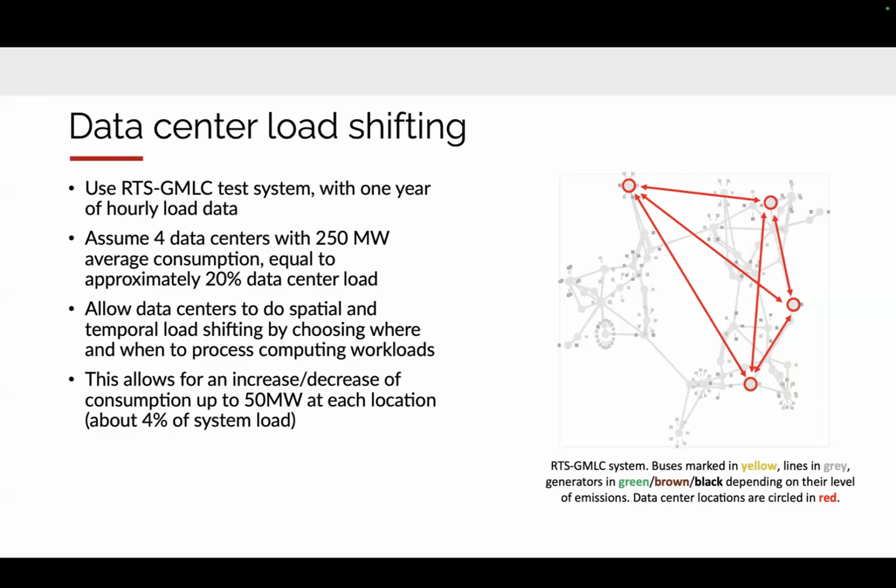I'll talk in a bit about a version of this where we also implemented a quadratic cost of shifting. We varied that number and looked at it, but of course that would be one of the important changes you'd want to make to the model to ensure that it is well represented.